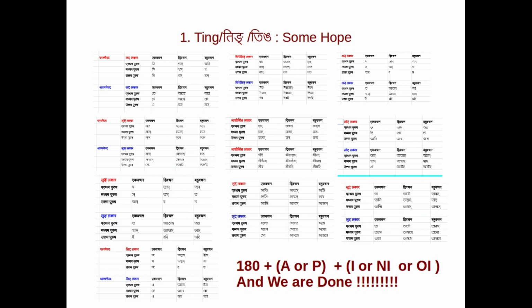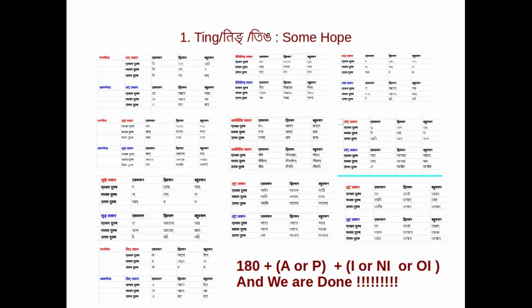Each of the tenses has two tables, one for parasmaipadi dhatus, another for atmanepadi dhatus. Each of these tables is a 3x3 table for ekvachan, dvivachan, bahuvachan, prathama purush, madhyam purush and uttama purush.